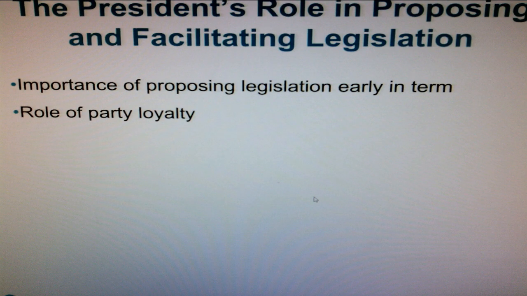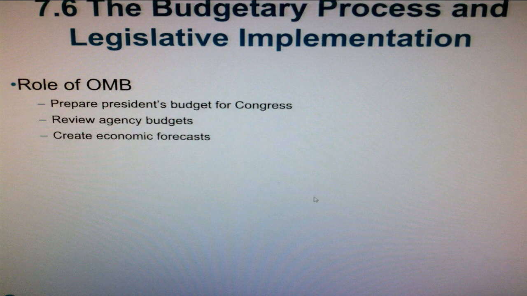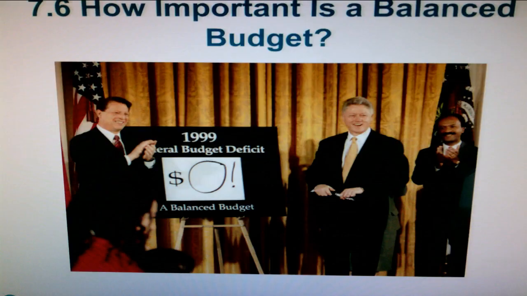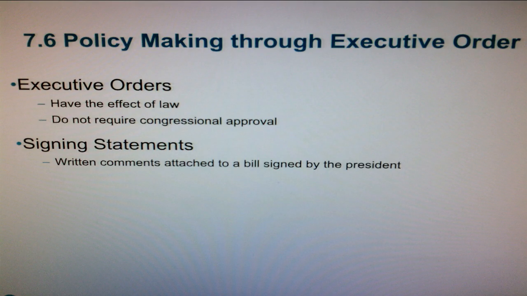We talked about the OMB, preparing the budget, and executive orders. Signing statements, I mentioned already too, right? Written comments attached to a bill, saying what the president really intends to do with the bill and so forth.